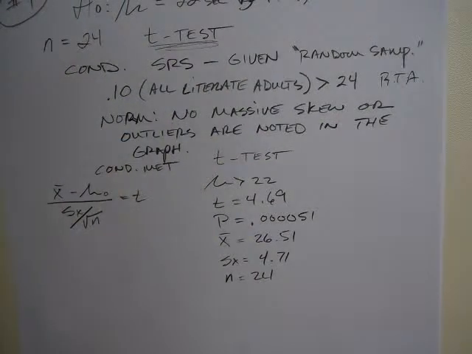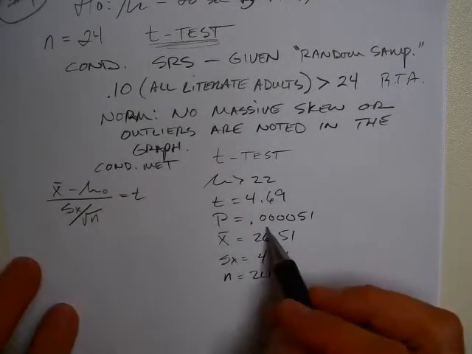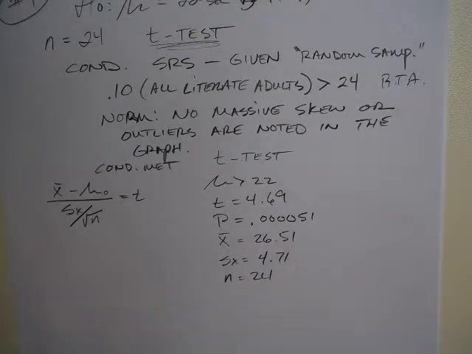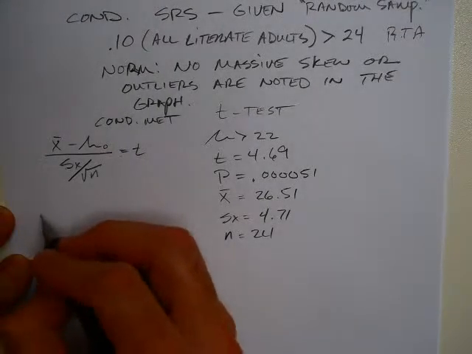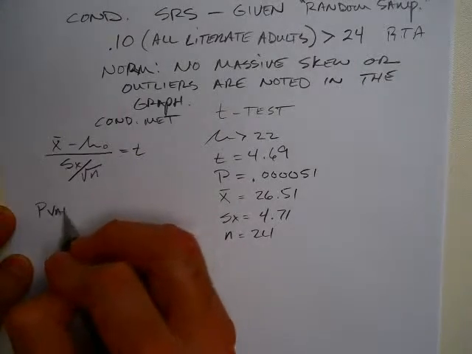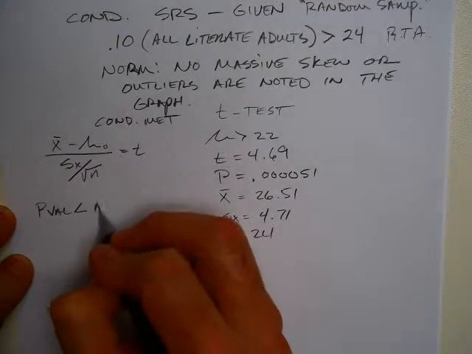So here's the deal. This p-value is less than any reasonable alpha. It just doesn't matter what you set alpha at. It's going to be less than. So the p-value is less than any reasonable alpha.